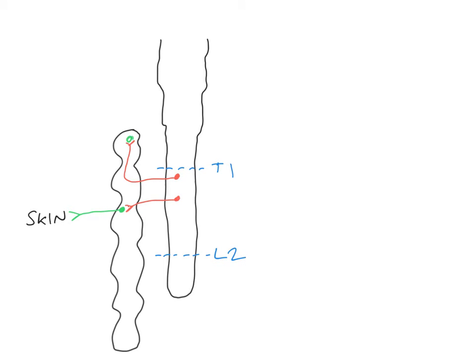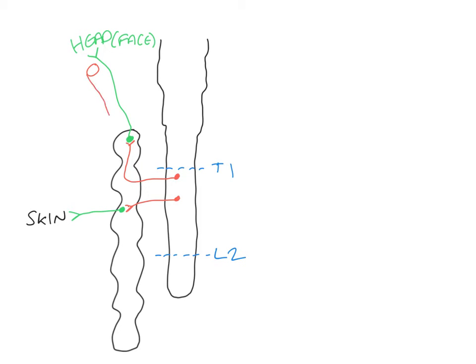Now, these are the sympathetics which are involved in supplying the head. And specifically, we're thinking about the face in this case. And the way that they get up to supply the face is that they hitchhike along blood vessels, okay?